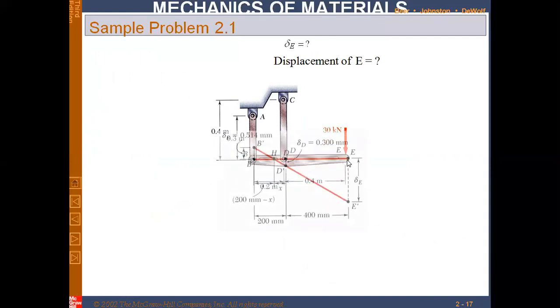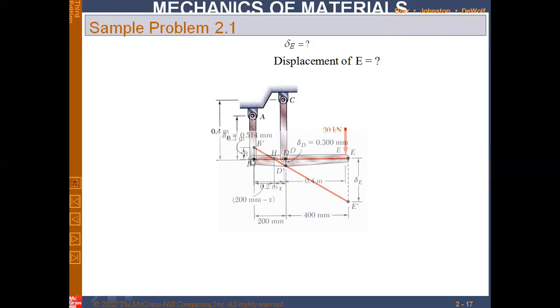This end would move here, the point E would move here, and let's say it becomes E dash. The point D would move and it would become D dash. And point B would move up and it would become B dash.